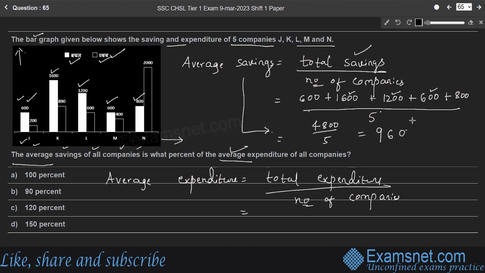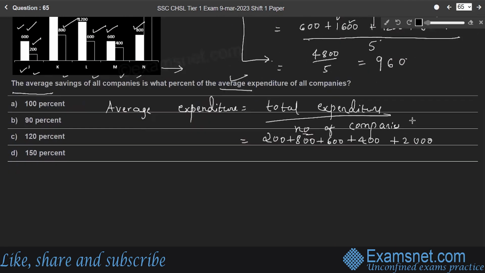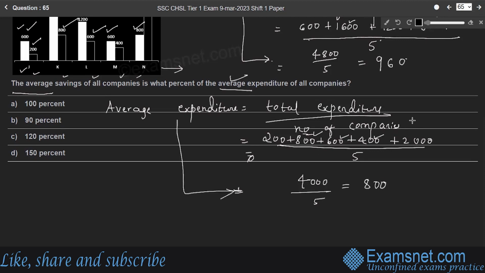So it is total expenditure: 200 plus 800 plus 600 plus 400 plus 2000. Add all these, divided by 5 companies. So 2000 plus 2000 is 4000, divided by 5. So 800 is the average expenditure of all the companies.